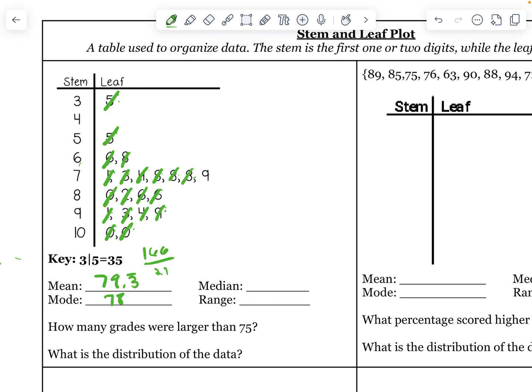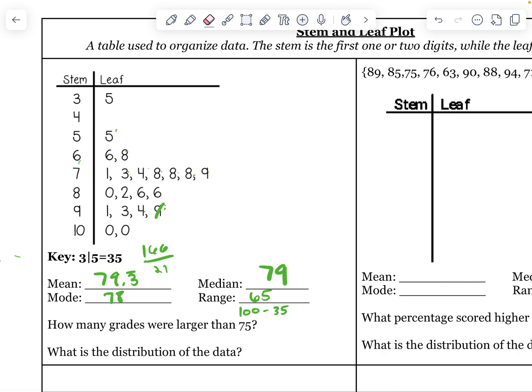The middle is 79, so my median and my mode are pretty close to each other. You could use either. And then the range is going to be 100 minus 35. Just because I make so many mistakes, we're using a calculator really quickly. My range is 65.